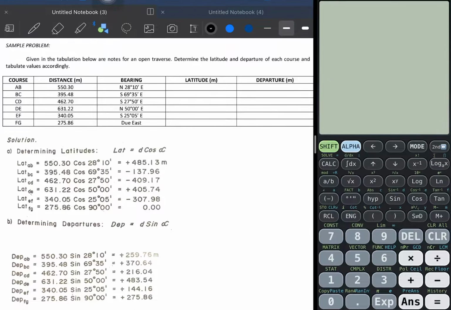In the Cartesian plane, you have the north, south, east, west lines. North, then south, and then the east and west line.